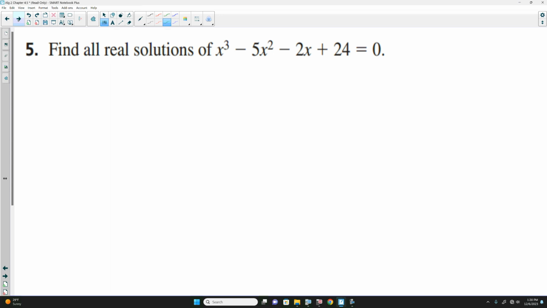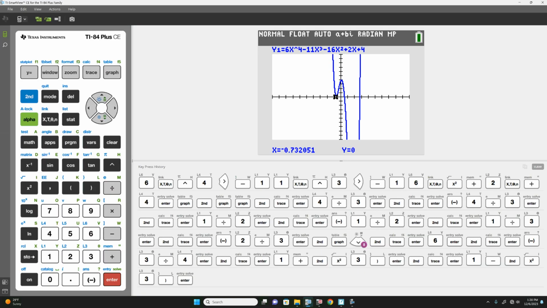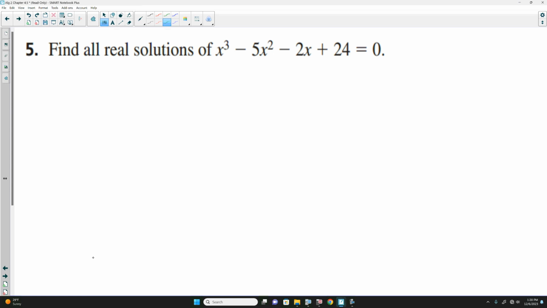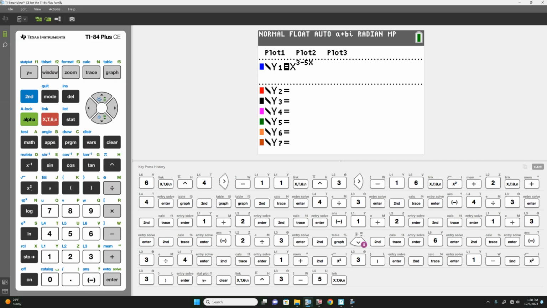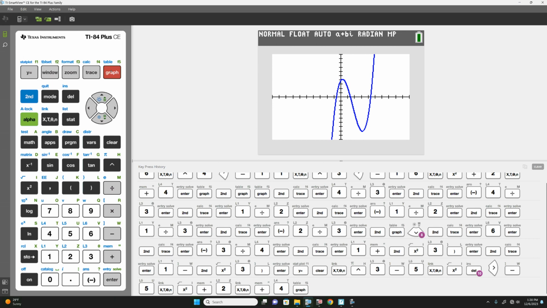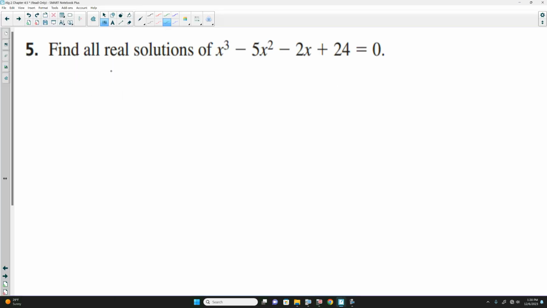Let's look at this one here. X cubed minus 5x squared minus 2x plus 4.